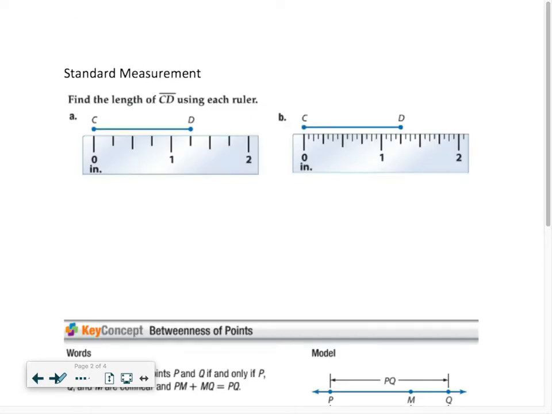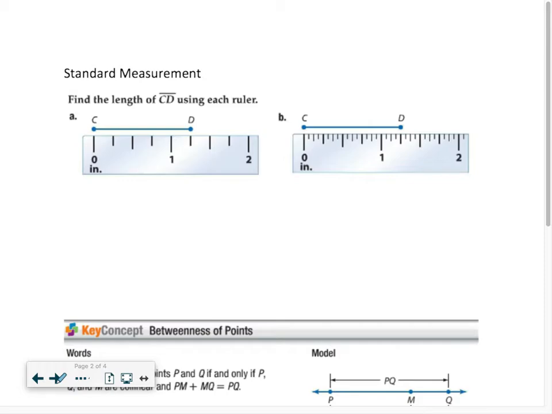Alright, let's continue then. Standard measurement, or the English system. Find the length of CD using each ruler. As you can see, it's not quite as simple as the metric system.